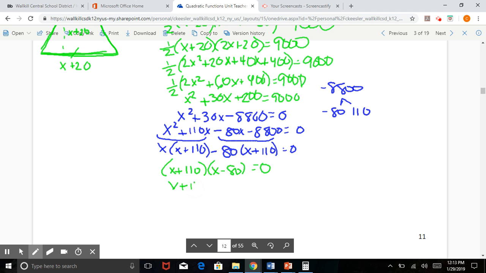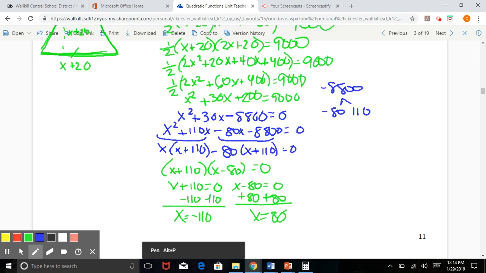Set each factor equal to 0. And we have that either x could be negative 110 or x could be 80. So again, we're talking about dimensions here. We're not talking about just negative numbers or consecutive integers. So we can only choose the one that would actually work in this case, which would be x equals 80.